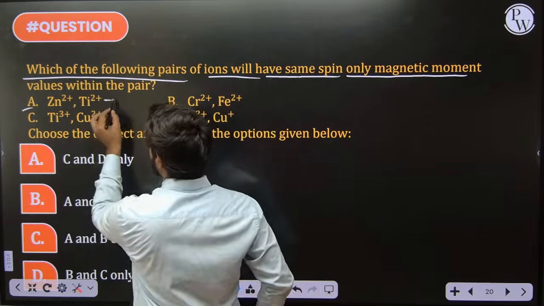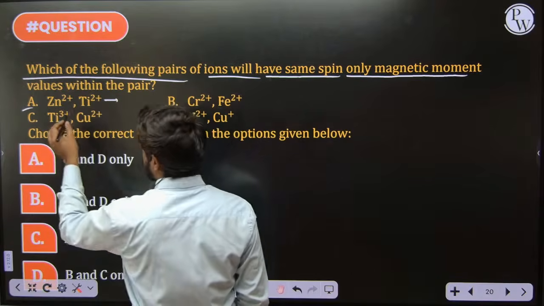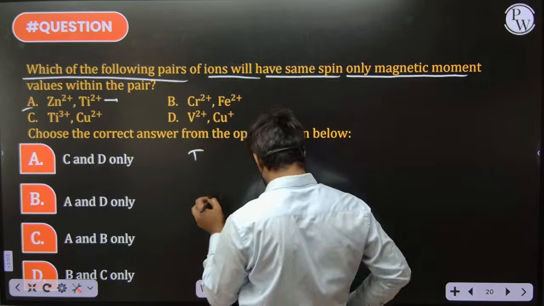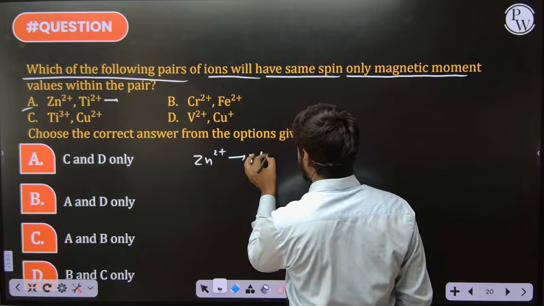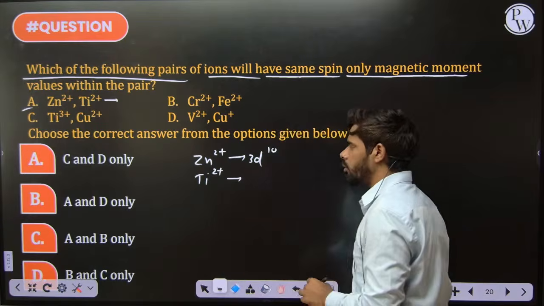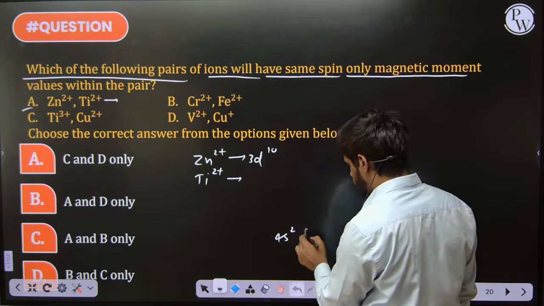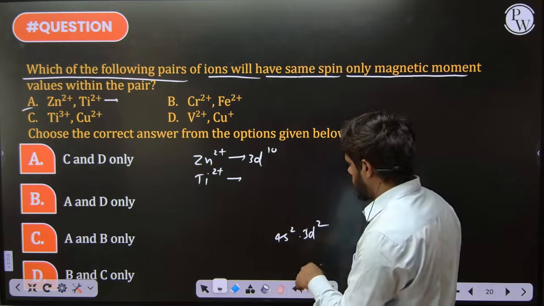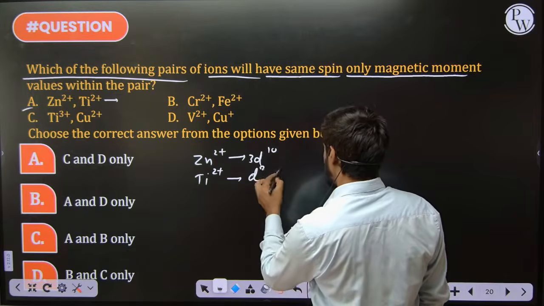First, Zn2+ and Ti2+. In the case of Zn2+, the configuration we can find is 3d10. For titanium, it is 4s2 3d2, so if 2 electrons are removed, we can say this is d2.